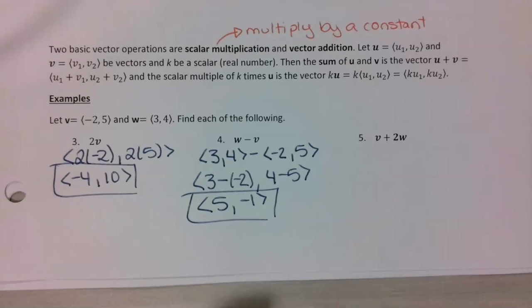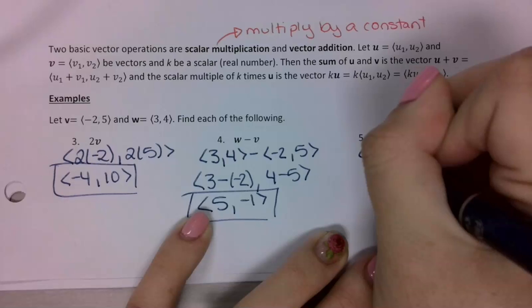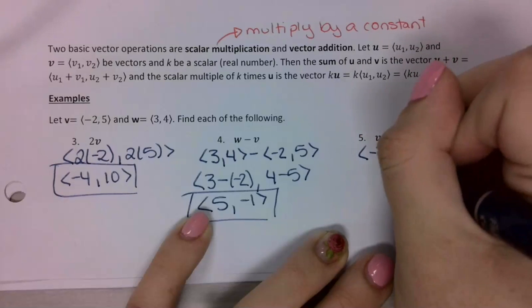Okay. Number 5 is just adding the v vector plus 2 times the w.